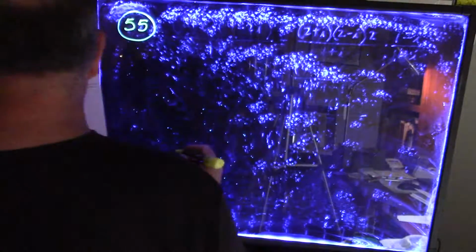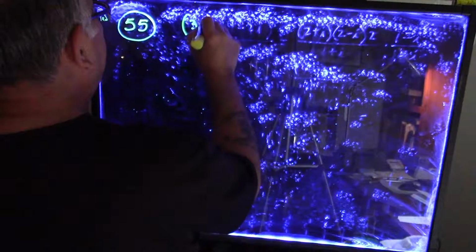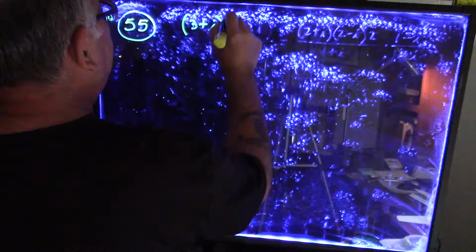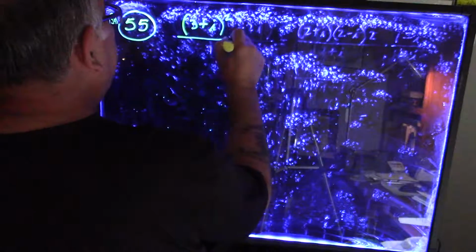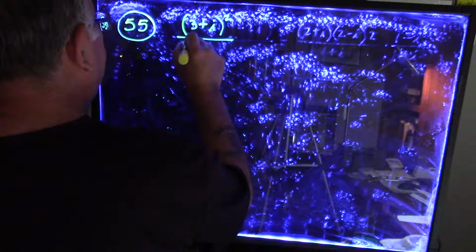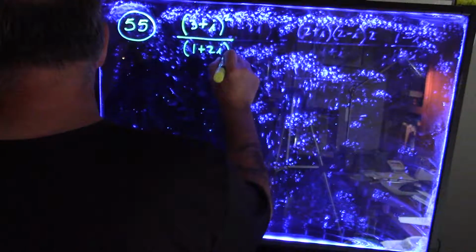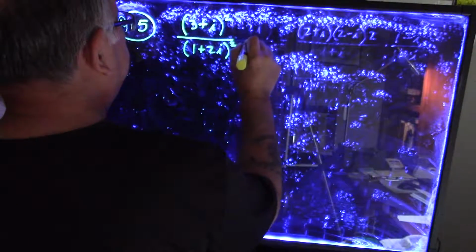So we've got (3 plus i) quantity squared over (1 plus 2i), the quantity 1 plus 2i, and that's also squared.